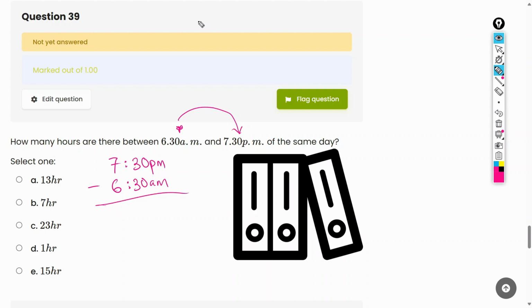So we know that our clock stops at 12, and then instead of counting 13, it counts 1. So 12 and then another 7 hours. So that will be 19 hours. So that's 19:30 hours. So 7:30 p.m. is 19:30 hours, and then minus 6:30 hours.